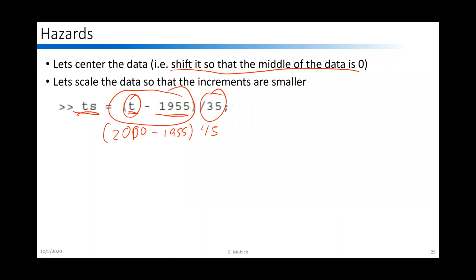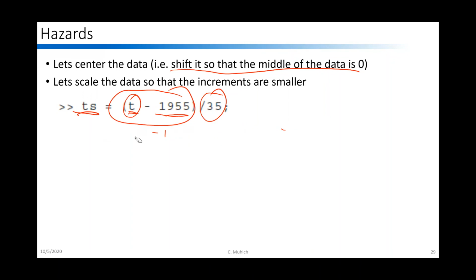So by dividing by 45, this gets close to 1. So we should have less problems. So we both shifted the data, taking the center to 0, and scaled the data so that we have a smaller range.